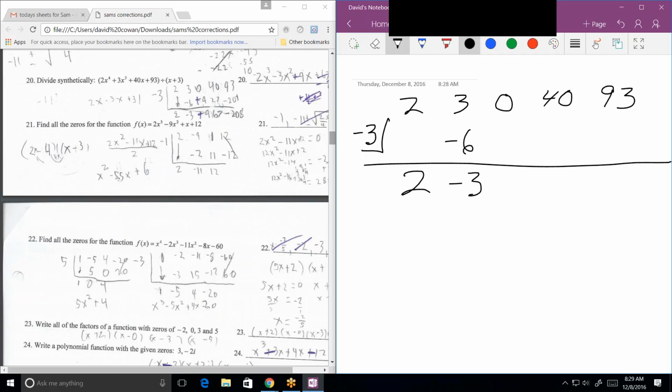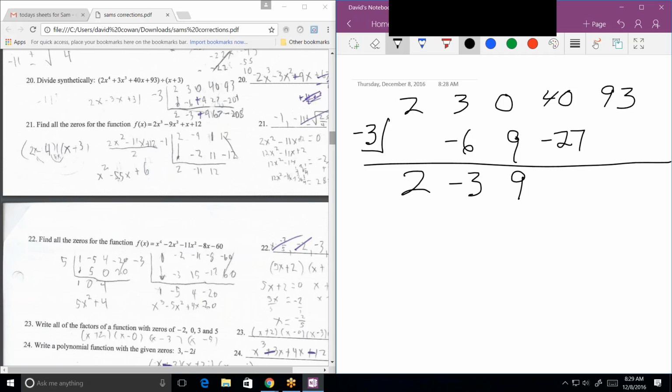Goes here? +9. Goes here? -27. And then -67. I'm adding 40 to a -27.